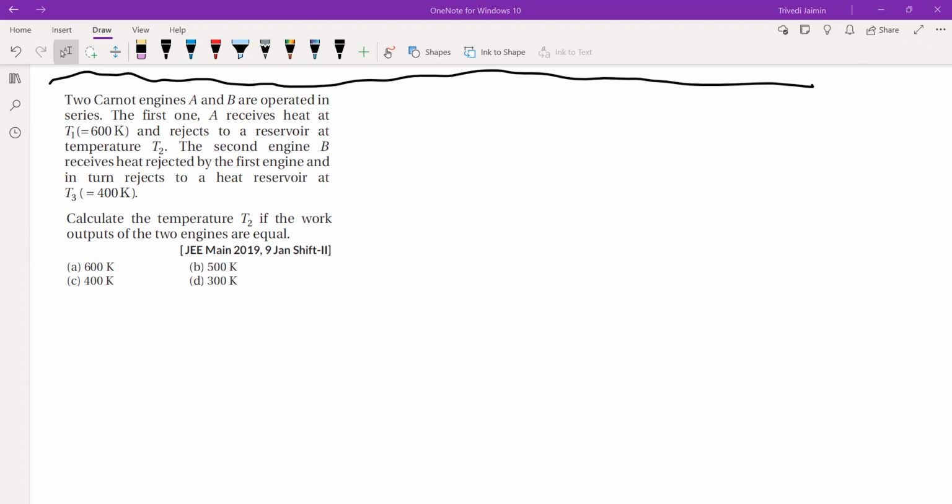Work will be input or work will be output? In Carnot cycle, work done will be input or output? Carnot engine.